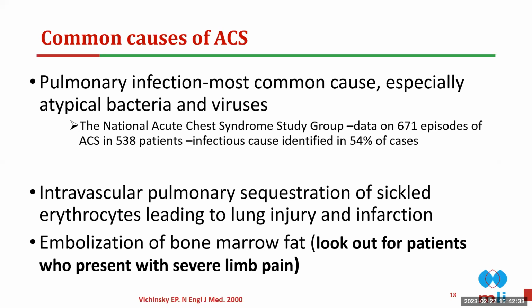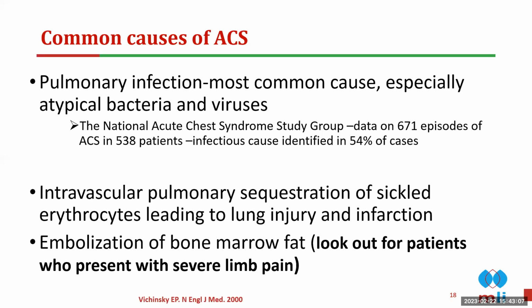So what are the causes of chest syndrome in this population? Like I mentioned earlier, the most common cause of acute chest syndrome is actually infections, and especially atypical bacteria and viruses. I know many times as we prescribe antibiotics, we may not think about atypical bacteria, but as I'll highlight later from the work that was done in the hospital, atypical bacteria are a very important cause of acute chest syndrome in this population.